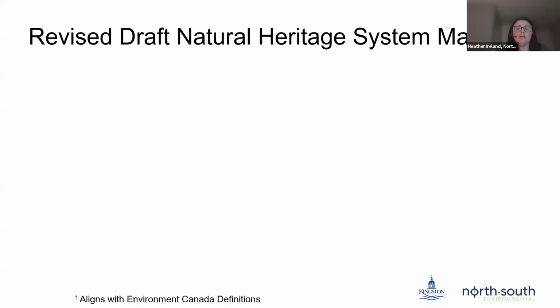Revisions were made to the mapping to address technical updates and site-specific refinements consistent with the technical report. The Natural Heritage System Mapping portal on Get Involved Kingston that is currently available does show you both the original draft and the final draft mapping of all lands within the city, and this includes the urban boundary expansion applications.